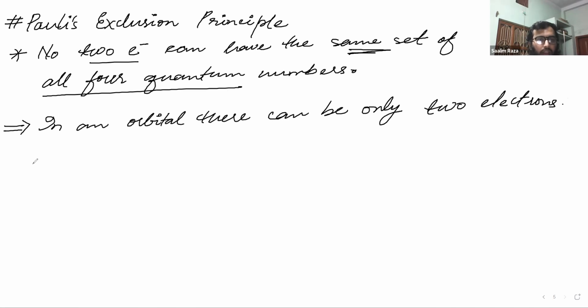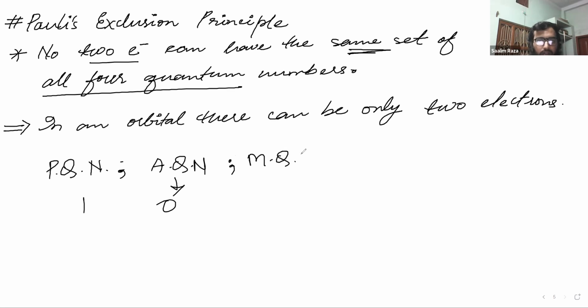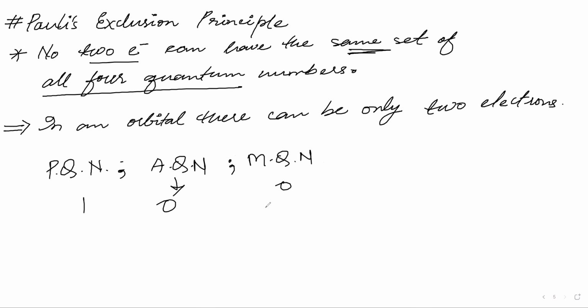Because any electron can have the same principal quantum number, for example 1. It can also have the same azimuthal quantum number, here it will be 0. It can also have the same magnetic quantum number, again 0.